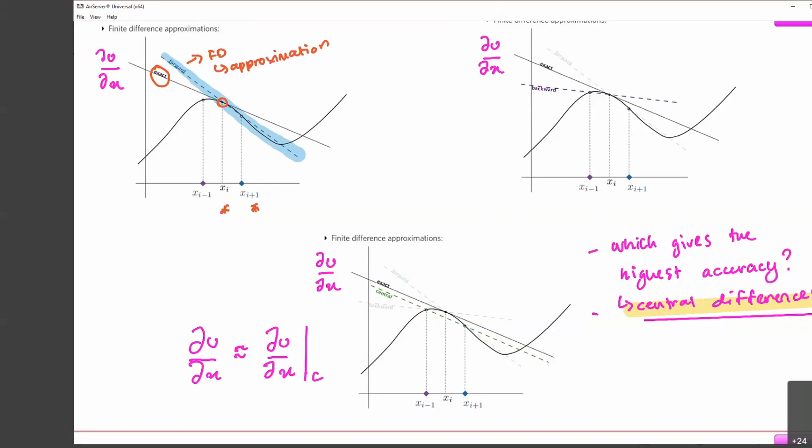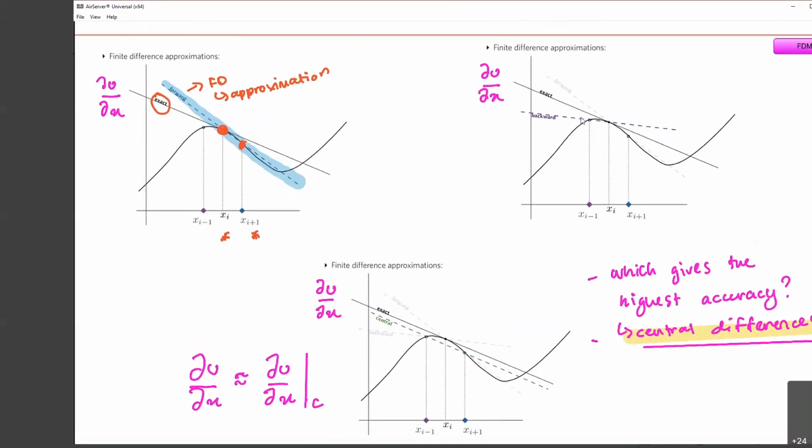It uses 2 values to approximate the same function as du/dx. So it uses xi here, and also this one, xi plus 1. That's why it is called the forward difference, because we have xi plus 1 and xi.